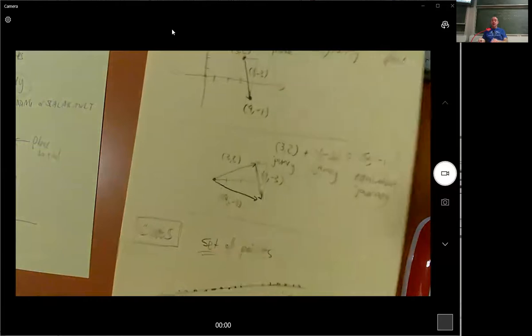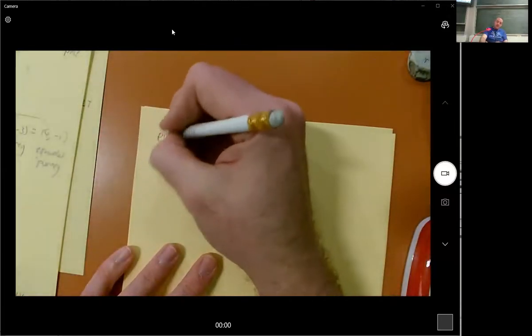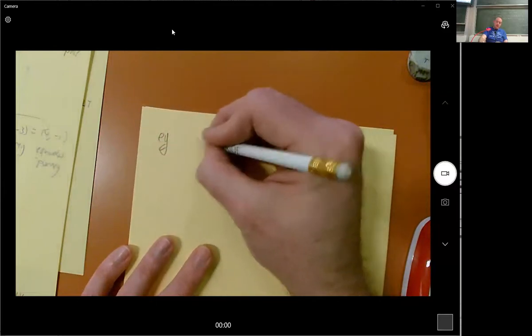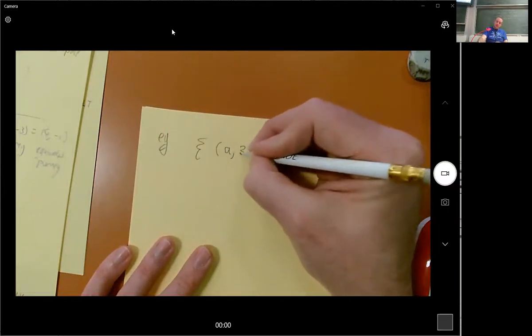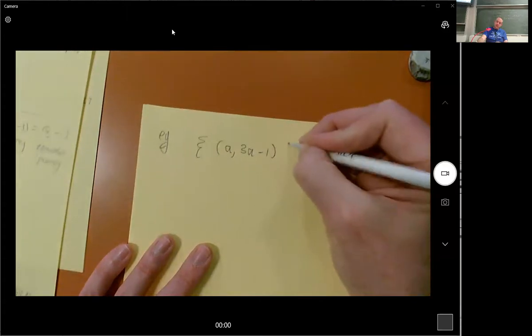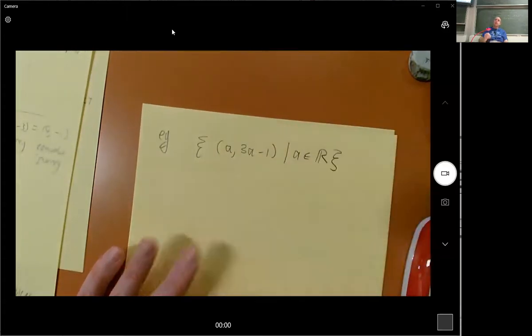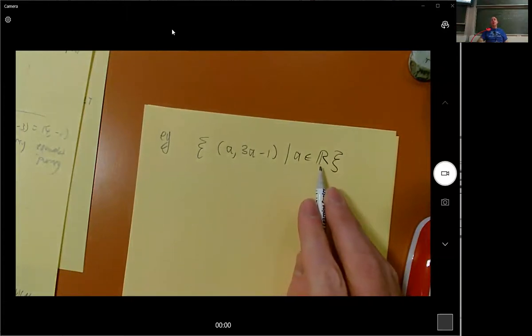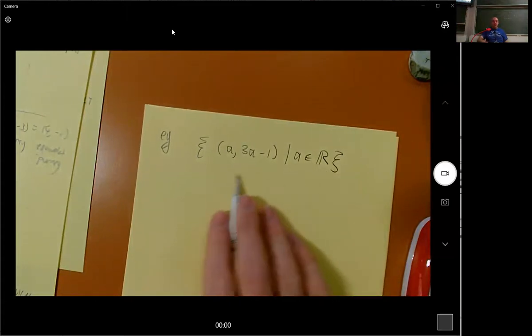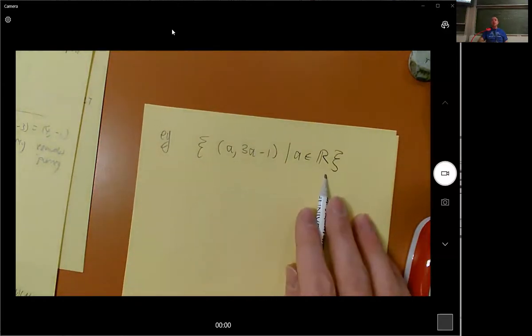So for example, if I was in the plane, I could say the set of points with coordinates a and 3a minus 1, such that a is in R. So this is how to make the thing, and there's some technical details about what the letters in here mean.